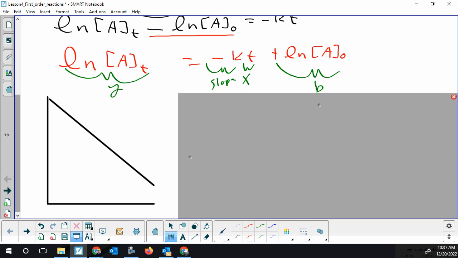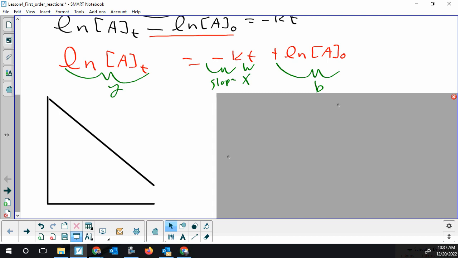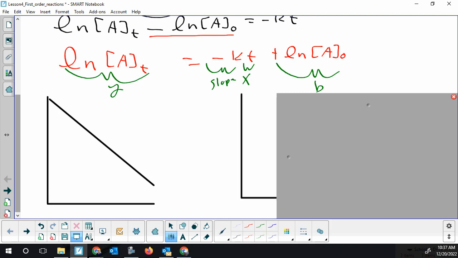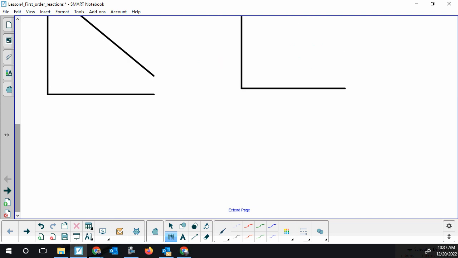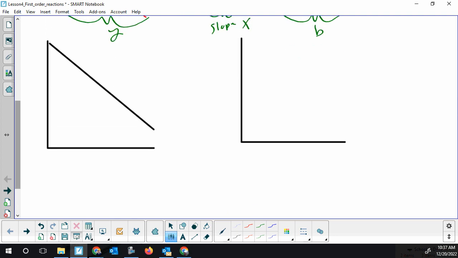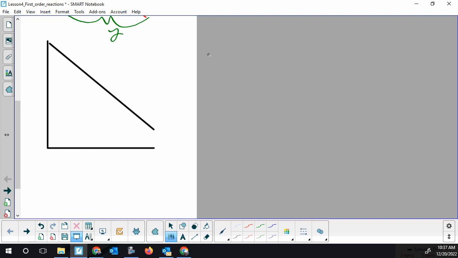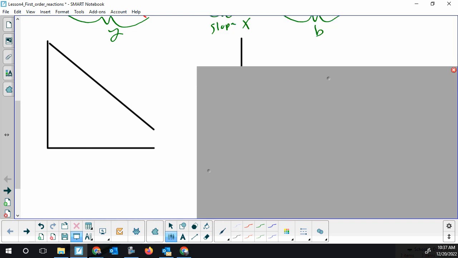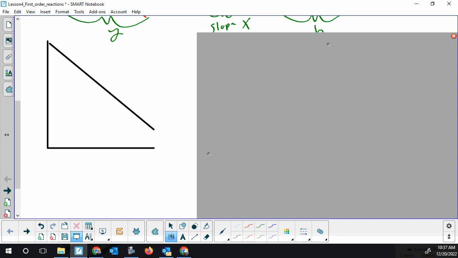So that's what we have down below. Let's fill in the correct variables. We can plot time, typically in seconds, on the x-axis.